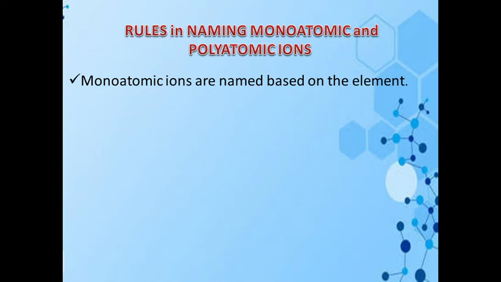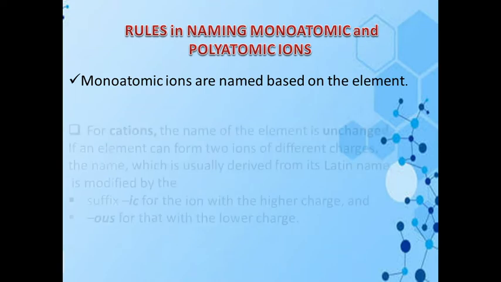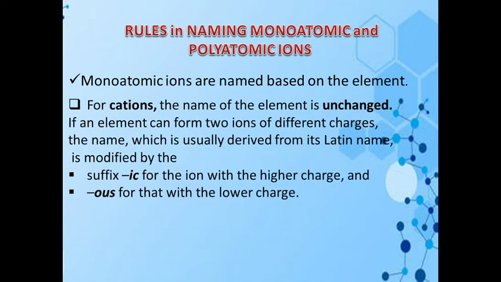Monoatomic ions are named based on the element. For cations, it is a metal with a positive charge. Always remember that it is usually used in the first part of the compound, and its name doesn't change.